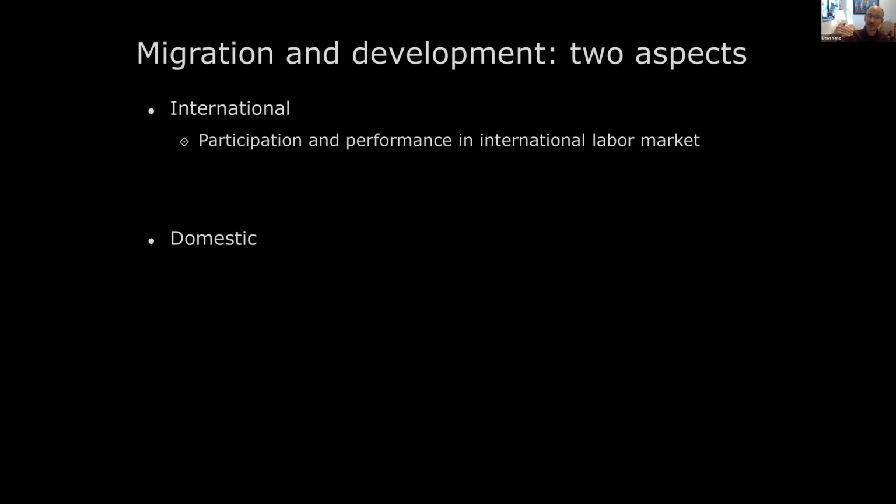So having a higher migration rate and working in higher skilled work in the international labor market, we should think of that as a form of development. So we should think about skill upgrading and movement to skilled overseas occupations as an aspect of development. Even though people happen to be located overseas, they're coming from certain home areas, and that's from developing countries. We should think about that as an element of development.